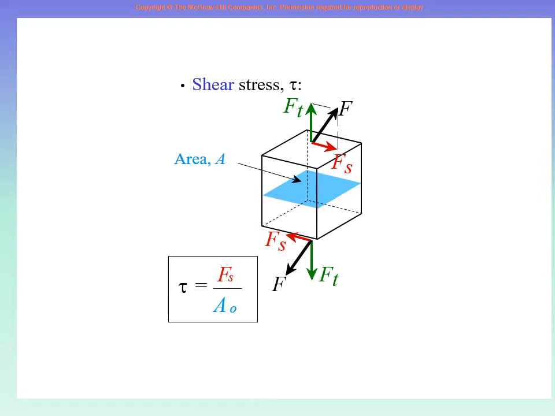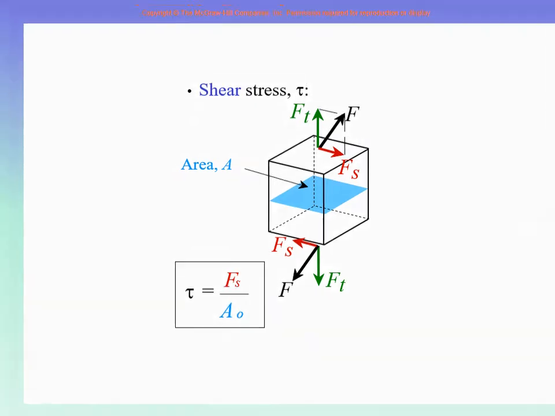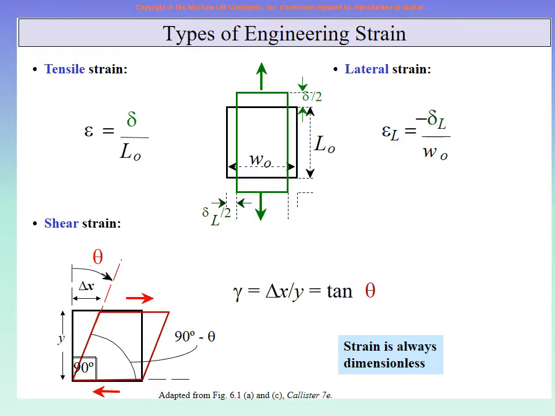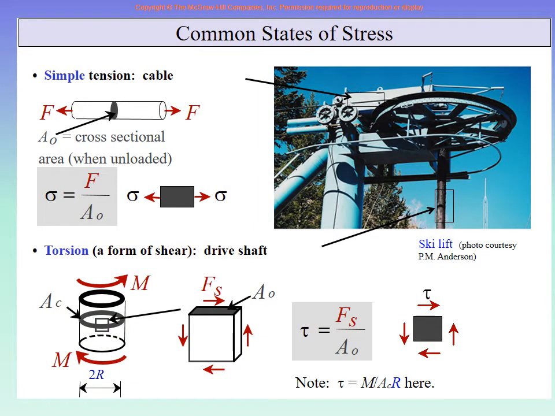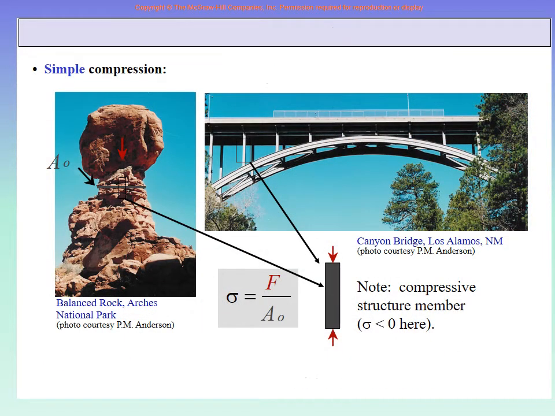Again, we described a figure about shear stress and so on, and how any oblique stress force can be divided into a tensile and a shear component. We again went through describing tensile strain and shear strain and so on through other figures. I gave you some general applications of combined loading and so on, and then simple tension, torsion, simple compression, bending, and how the different stresses are related to each other.